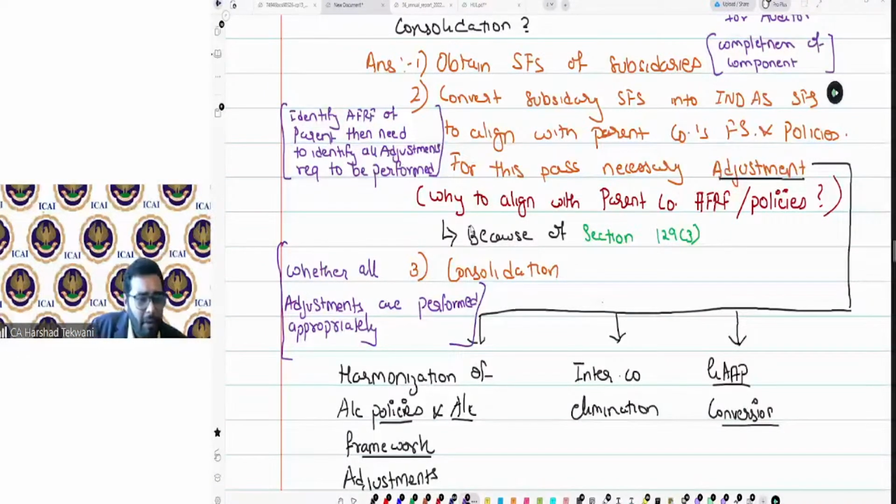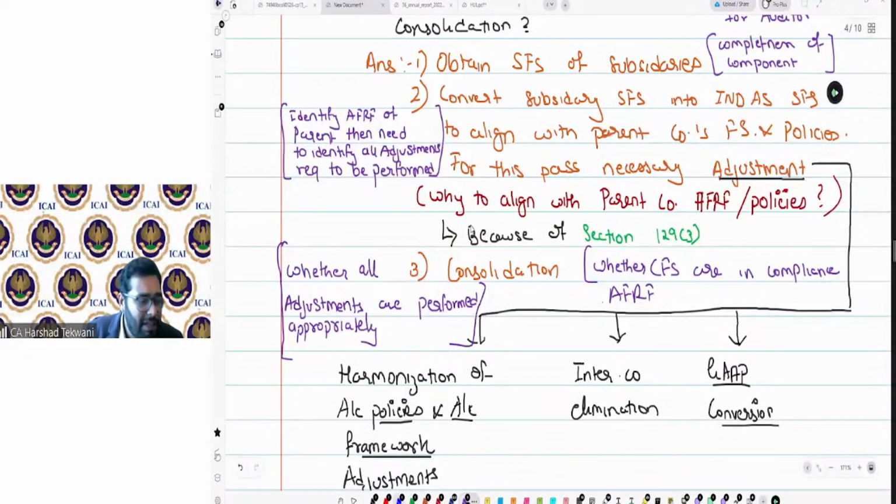And whether the financial statement, the consolidated financial statement, is in compliance with the applicable financial reporting framework.